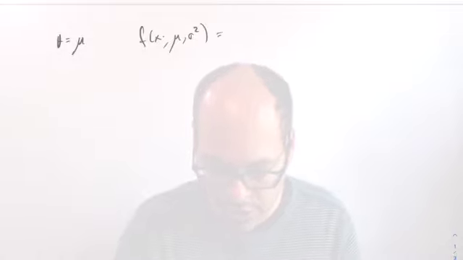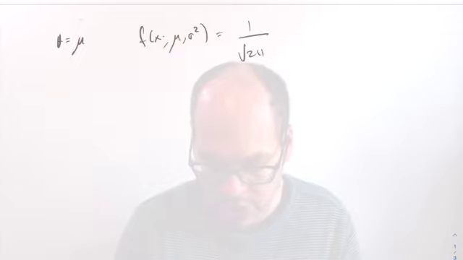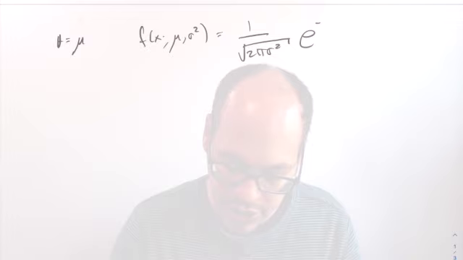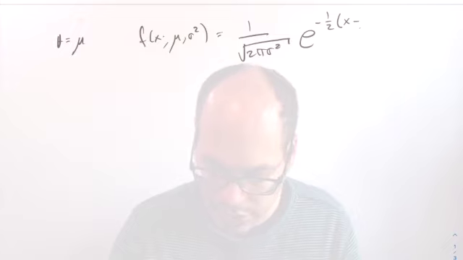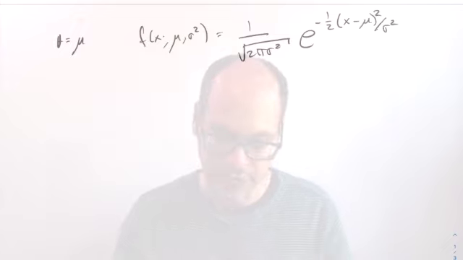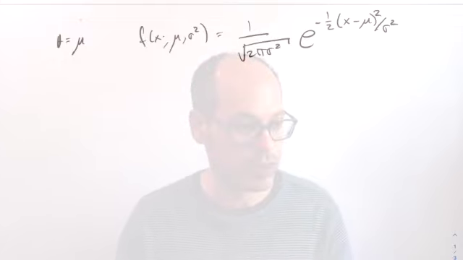This is the familiar 1/√(2πσ²) e^(−½ (x−μ)²/σ²). That's one reasonable way to write it.